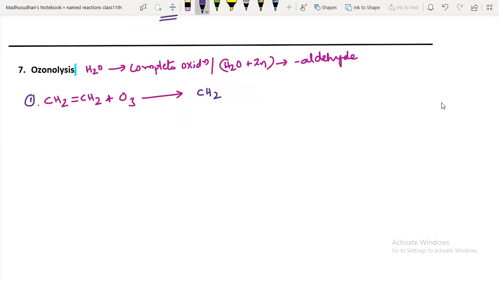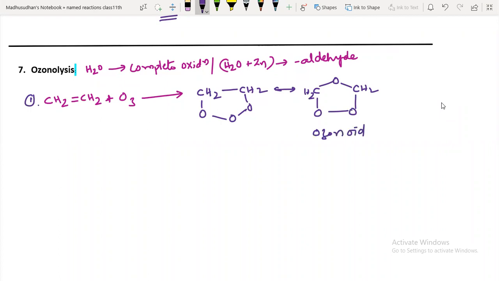CH2... this is how it forms first of all, then it rearranges converting into ozonide, this is the intermediate, and this 5-membered cyclic ring is really unstable on hydrolysis of this compound.